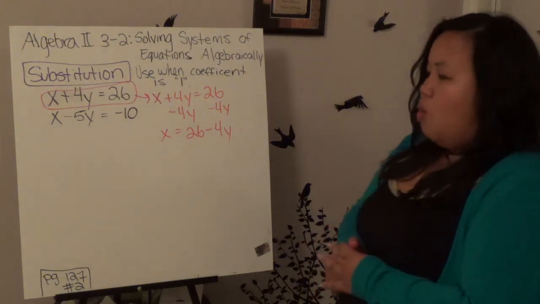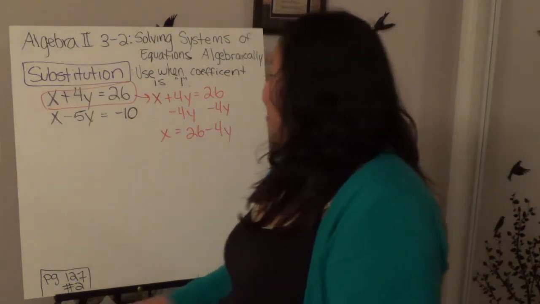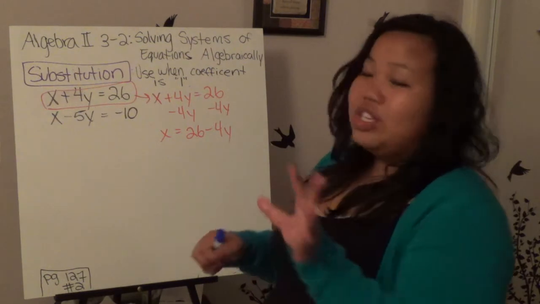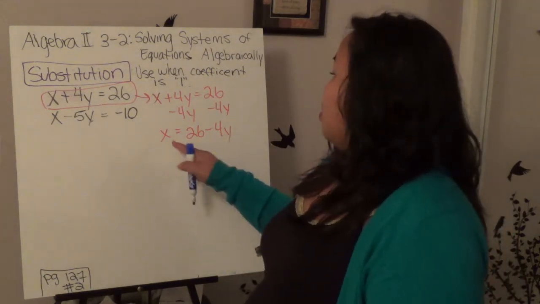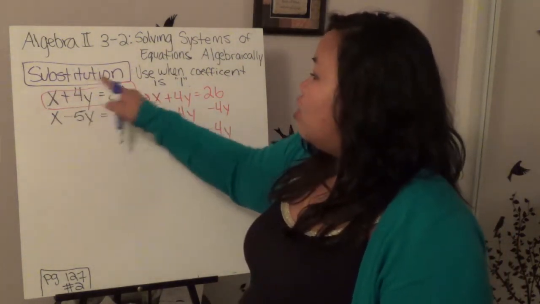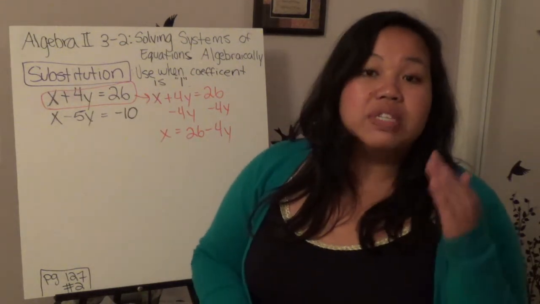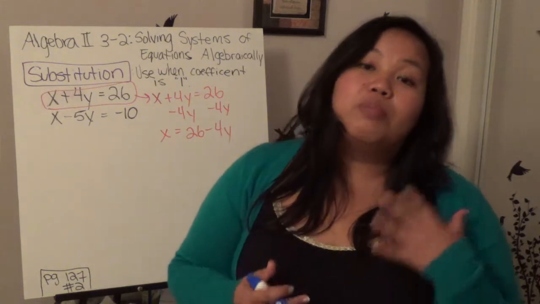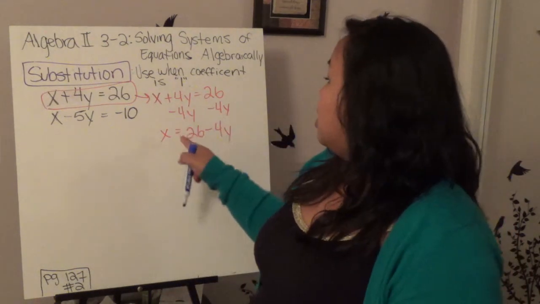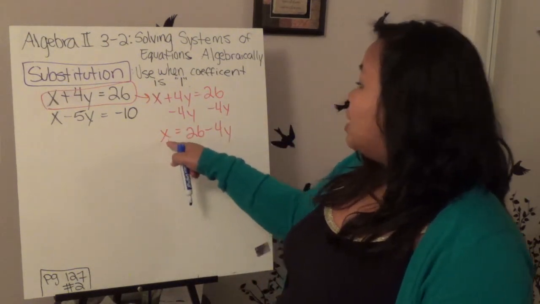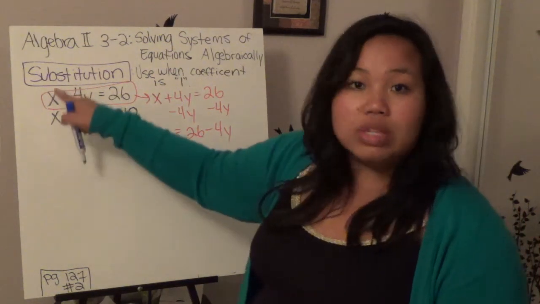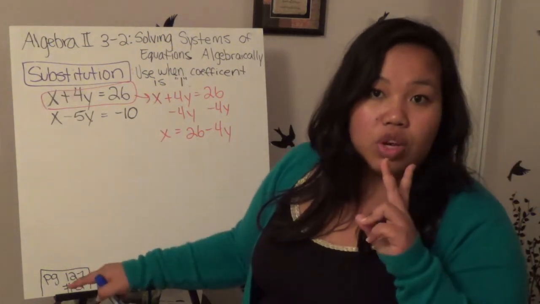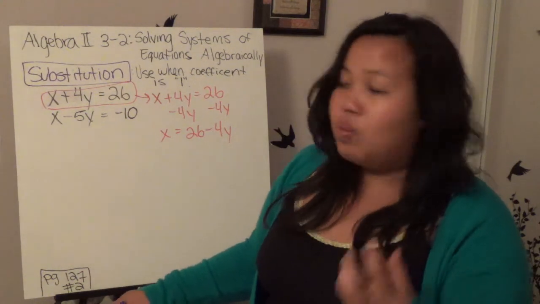Once that happens, the x's and the y's have to be the same, right? They have the same solution and we're looking for it. So we act as if this is the same thing. Whatever this x is, it is also this x. They're the same thing, even though they're in two different equations, because they're a system of equations, so they work together.